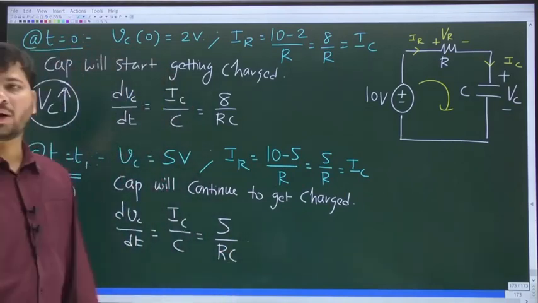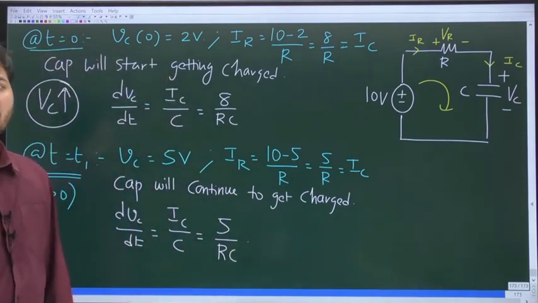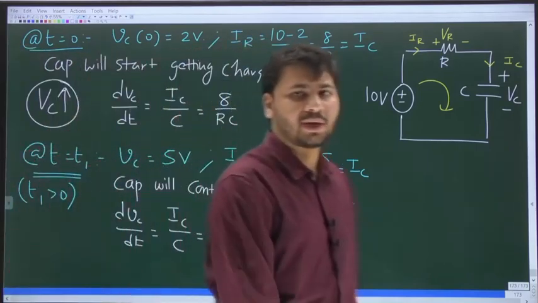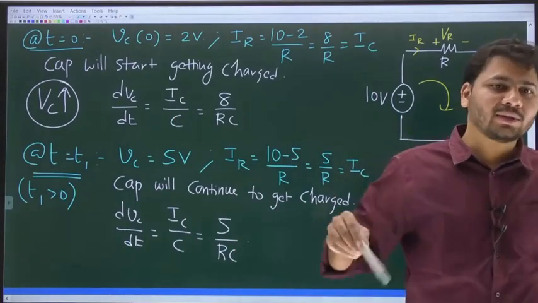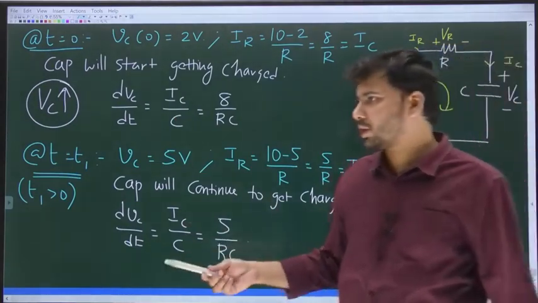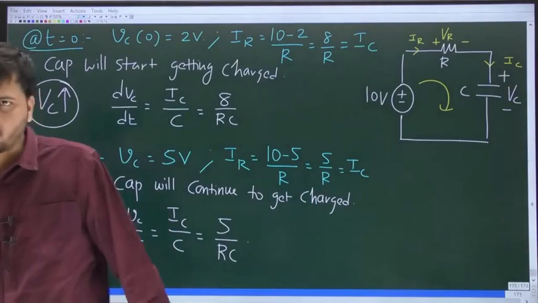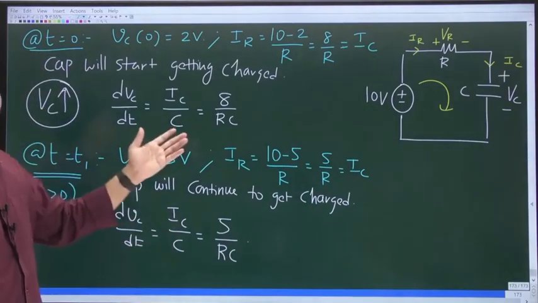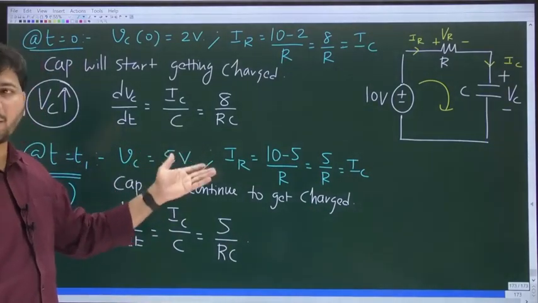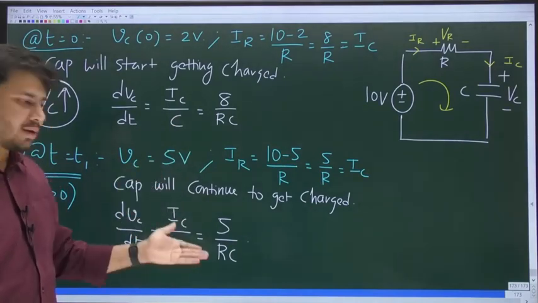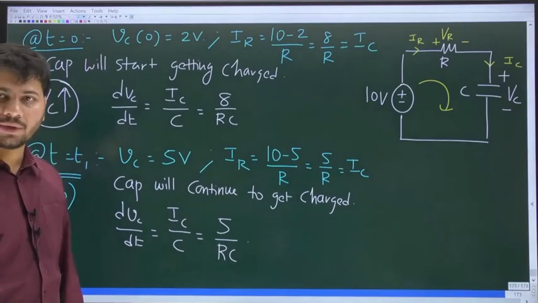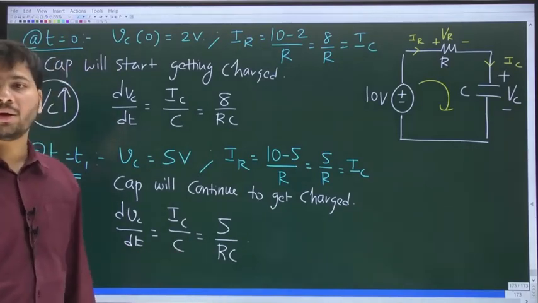So look at this rate of increase, is it not the rate of charging? Rate of increase is rate of charging. Rate of decrease is rate of discharging. But in this case, cap is getting charged. What was the initial rate of charging? 8 by RC. After some time, when the cap gets charged to 5 volts, the rate of charging has reduced to 5 by RC.